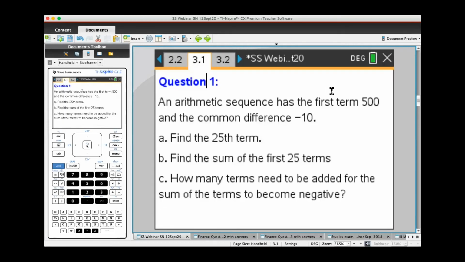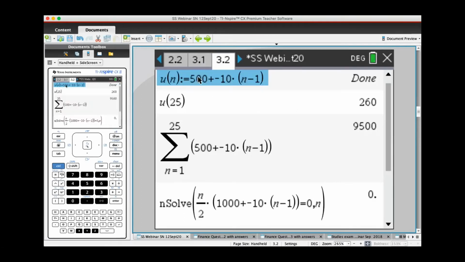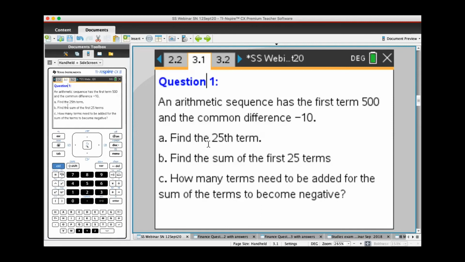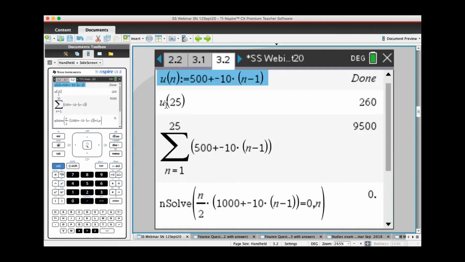So I'm going back to the question. It is 500 and the difference is 10. And if you see, A is 500, I've defined it as UN. And I found, again, go back to the question. It says find the 25th term. And that is why I found the 25th term, it is 260.